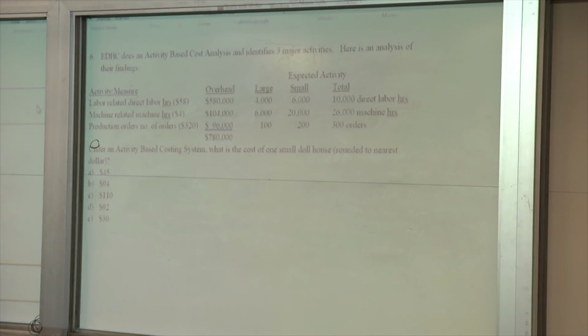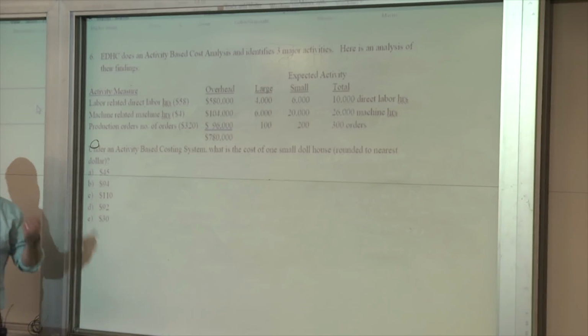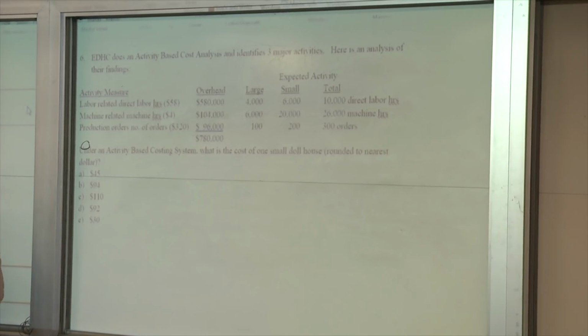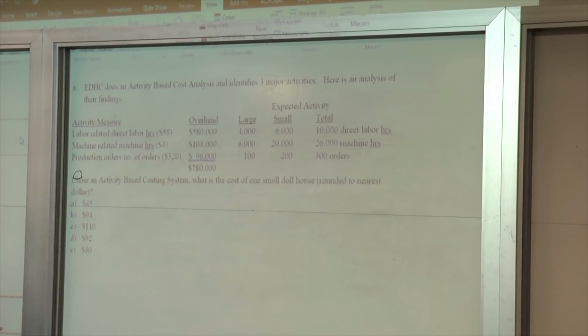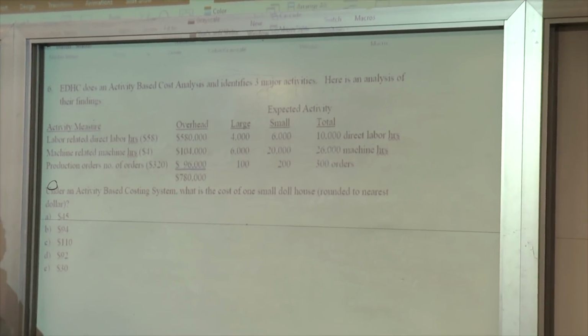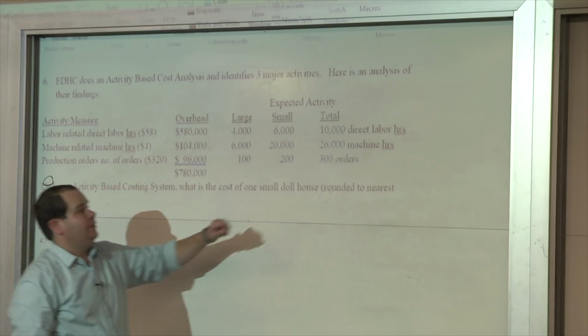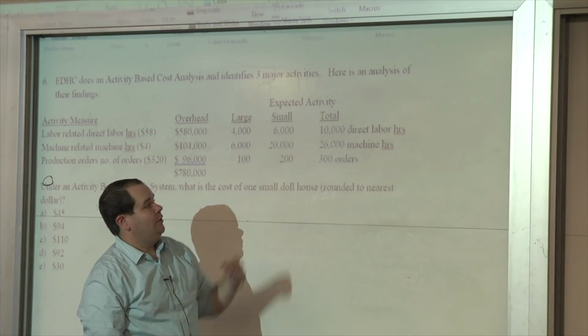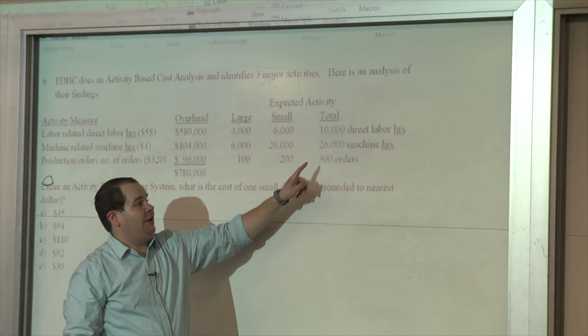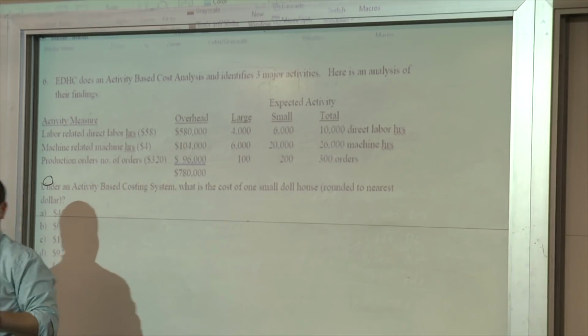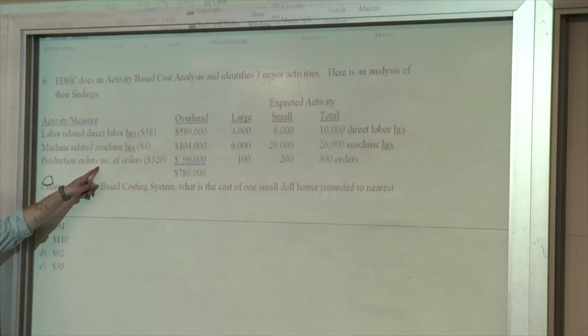So if we're trying to use the activity-based costing method, what we're going to do is calculate the applied overhead using activity-based. So what do we have to do? Normally we would take each of these overhead buckets and divide it by total direct labor hours, machine hours, and orders. Fortunately, they already do that for us, right?